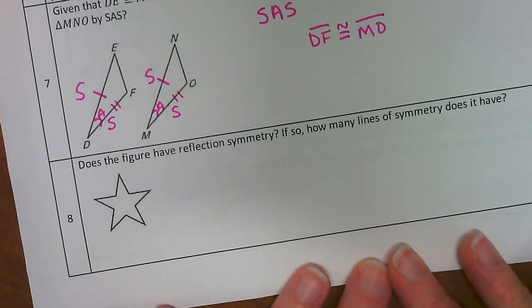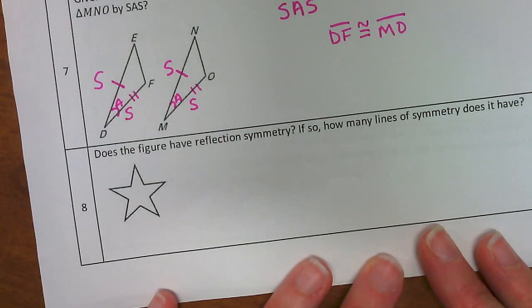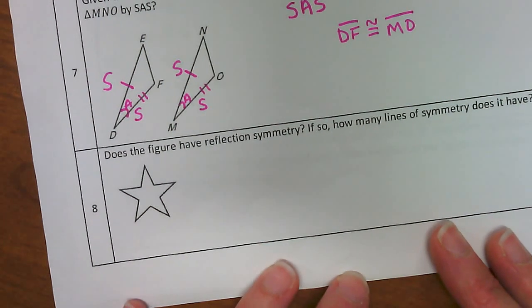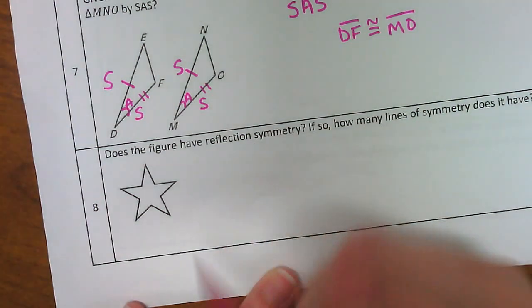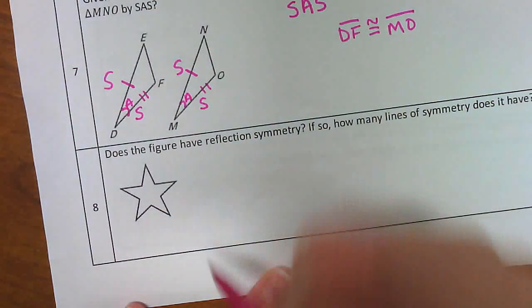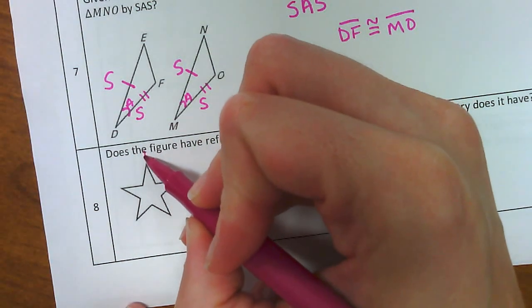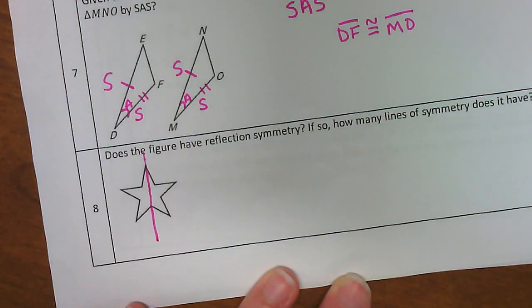All right, number 8. It says, does the figure have reflection symmetry? If so, how many lines of symmetry does it have? So reflection symmetry means that I can cut it in half by drawing a line through it. And if I fold it on that line, it would look exactly the same. So like in this star, I could draw a line down here.